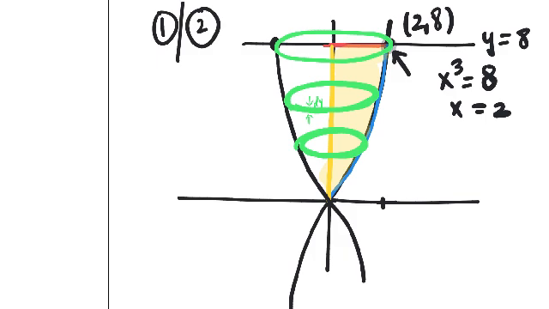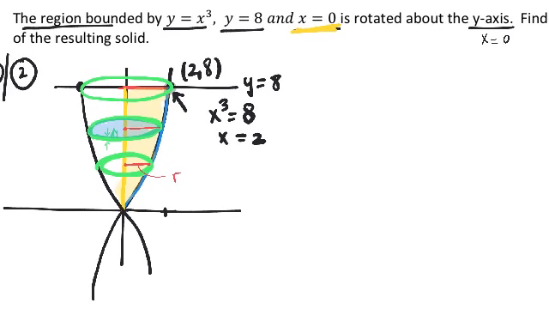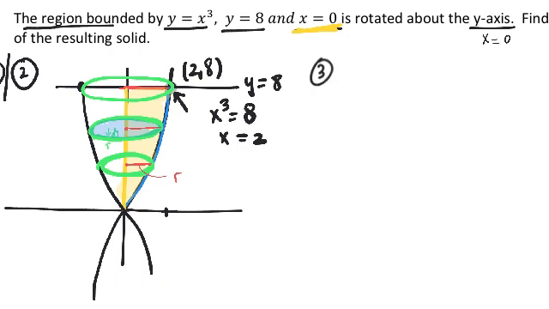And then the area of each disk is going to be a function of y. We're going to find the radius of each disk. So this radius, now on to my step 3, is going to be equal to an x right minus an x left.